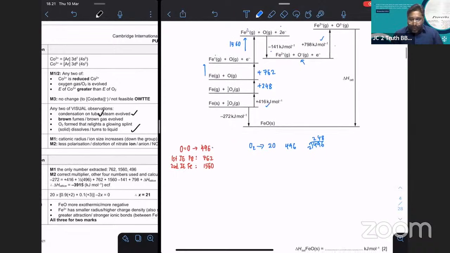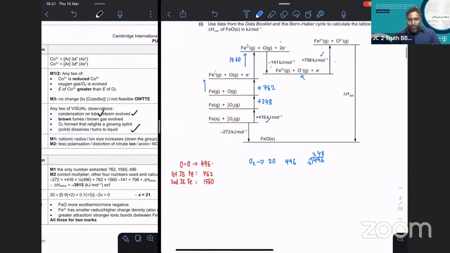Now, once you have this, you just need to solve it, for example clockwise equals anti-clockwise. If I want to calculate 416 clockwise, plus 248, plus 762, plus 1560, normally I will combine these to find out whether it's going up or going down.